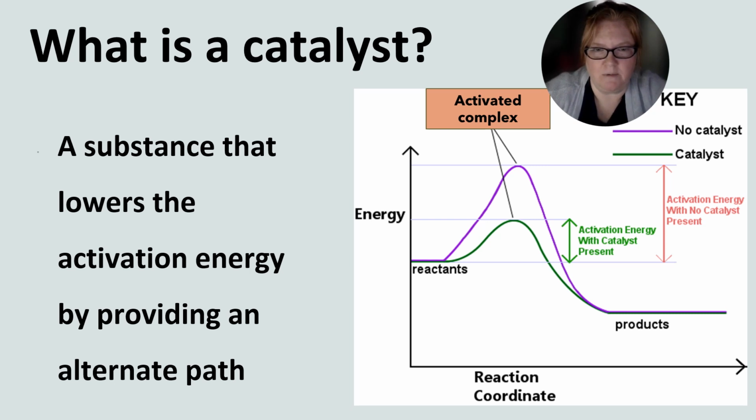So here is my original path from reactants to products. I add a catalyst and it still goes from reactants to products, but you see how it's lower? So the activation energy goes down. I need less energy to get started. It makes the reaction happen faster because I need to put in less energy for it to occur.